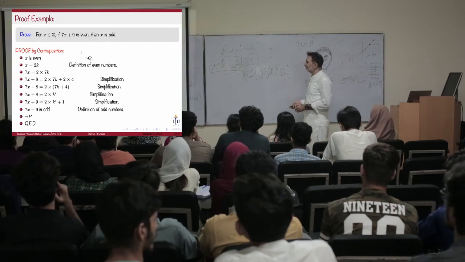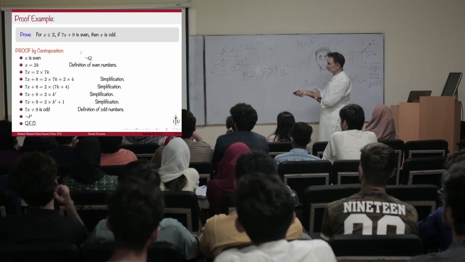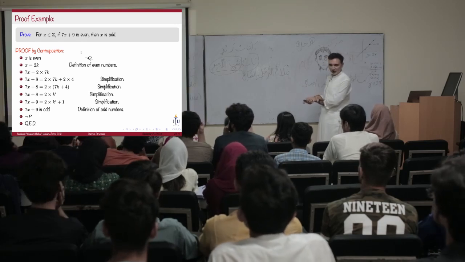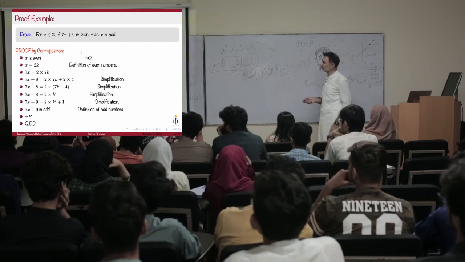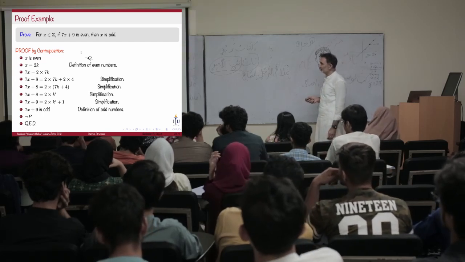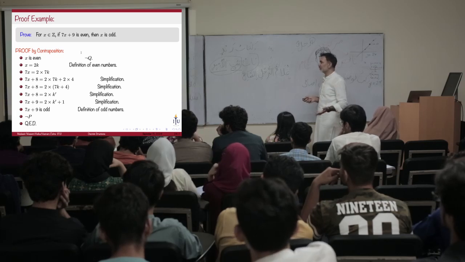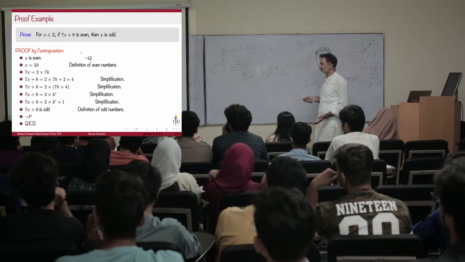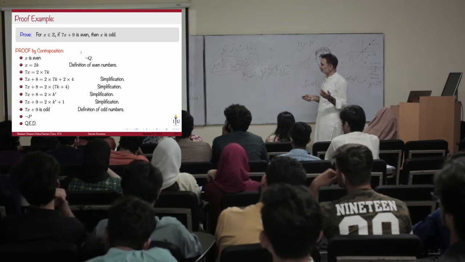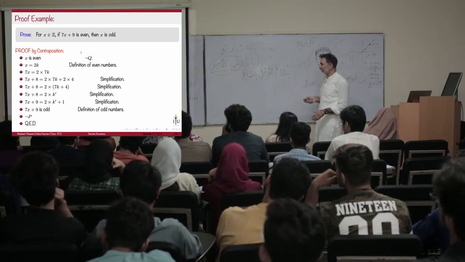Okay. Cool. So here's the whole proof. I think this is kind of mimicry of what we did yesterday. So you start by assuming negation of Q, which is that x is even. Then you define what even means, and then you say that, okay, I'm going to multiply this by 7, so I get 7x. Then I'm trying to arrive here. Then I'm going to add 8.